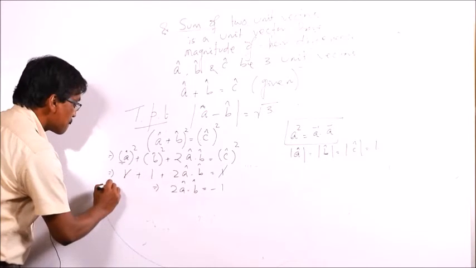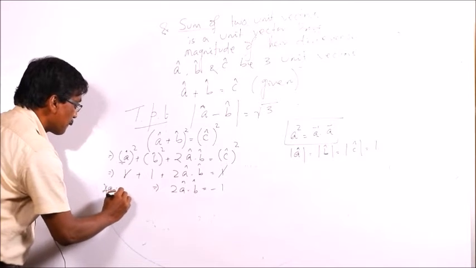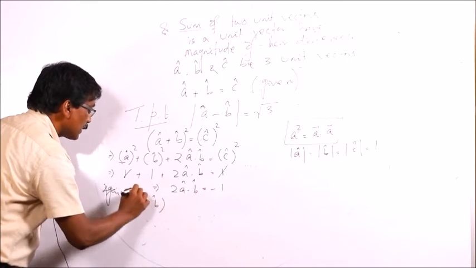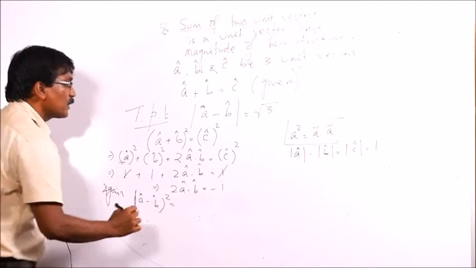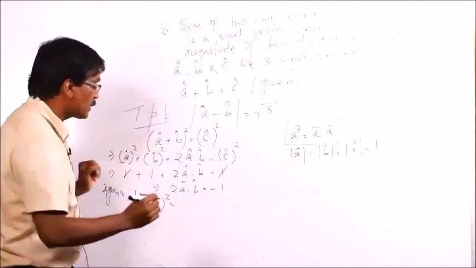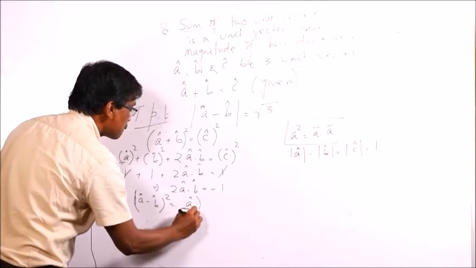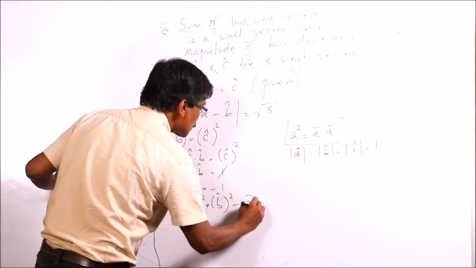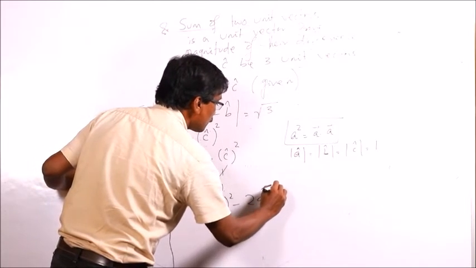Now again, A cap minus B cap whole square is a dot product, that is equal to A cap square plus B cap square minus 2 A cap dot B cap.